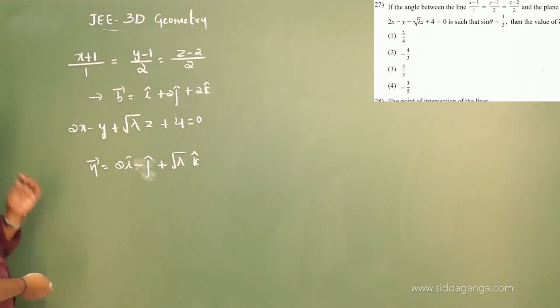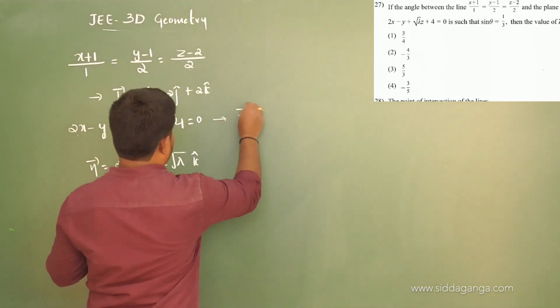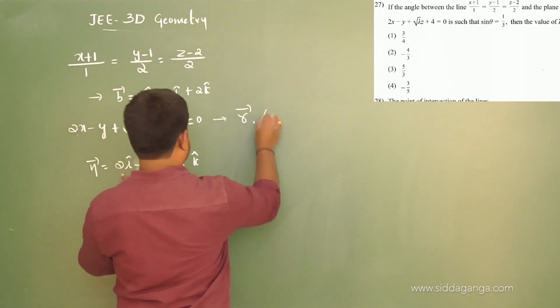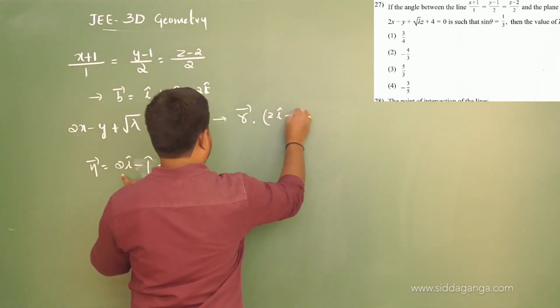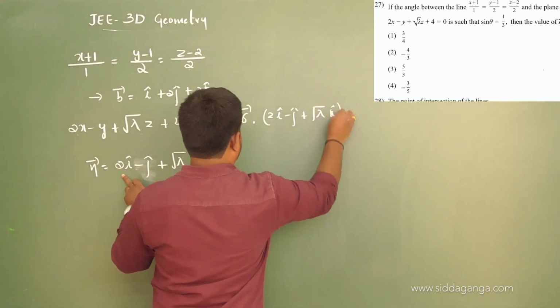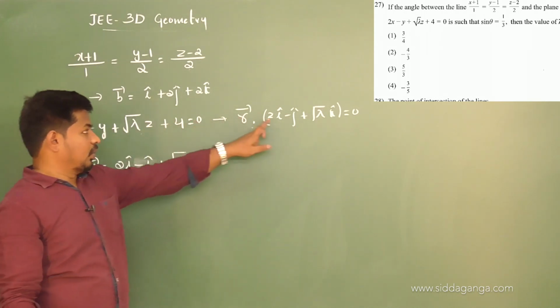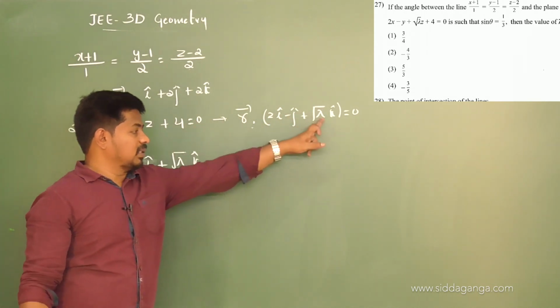When you write this in vector form, you get r dot n, where n is 2i minus j plus root of lambda k cap, equal to 0. So again, 2 into x minus 1 into y plus root of lambda into z.